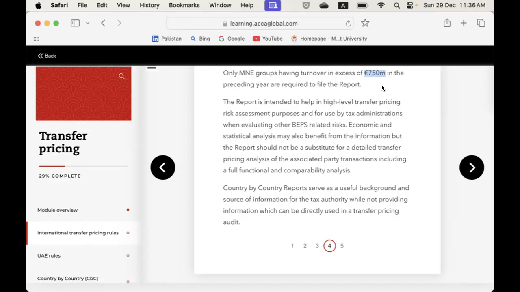But I became aware that this is part of another group which has presence in UK, Pakistan, and other countries. It is listed in some other countries as well. And I became aware that this company's global turnover exceeds 750 million euros. So, in my engagement letter itself, I had to include the consideration of the top-up tax regime and the BEPS Pillar 2 framework, and suddenly the fees of that engagement went sky high.